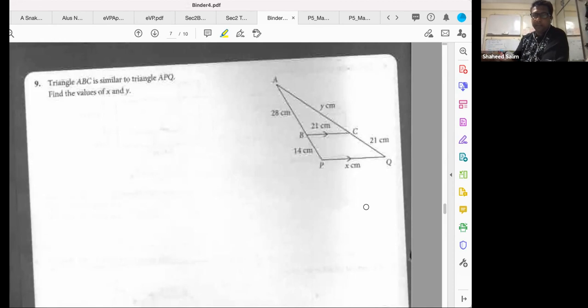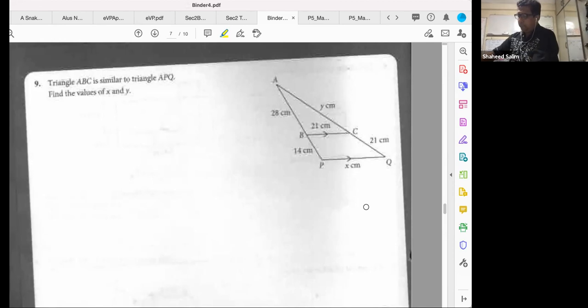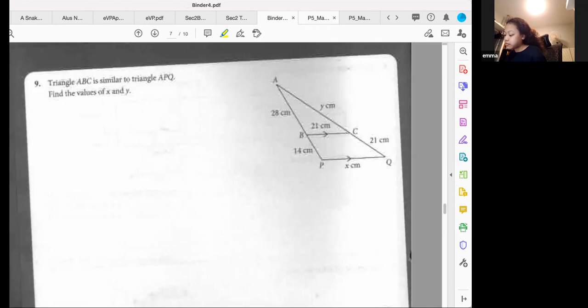Can Emma? 31.5. Well done. And why? 31.5.